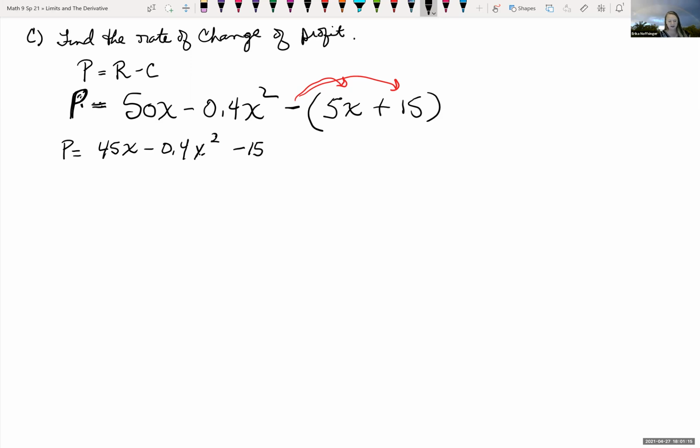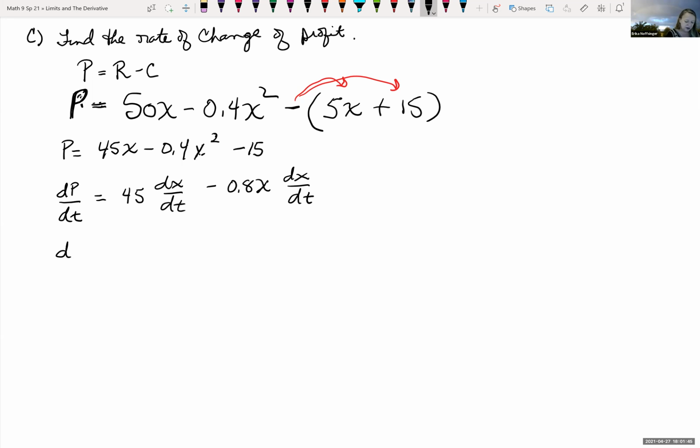And now we can find the rate of change of profit. So dP/dt is equal to the derivative of 45x, which is 45 dx/dt, minus the derivative of 0.4x squared, which is 0.8x dx/dt. And the derivative of negative 15 is 0.